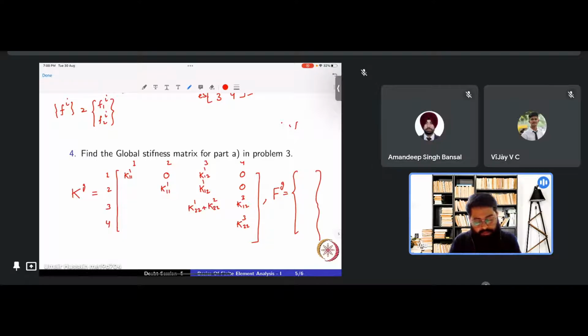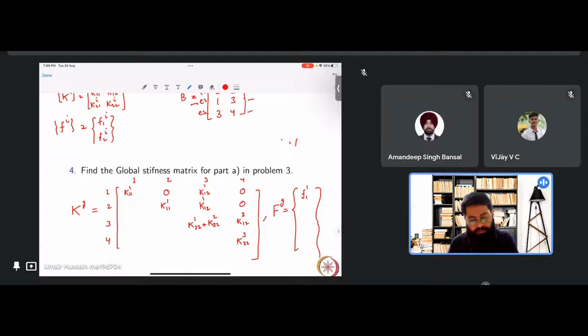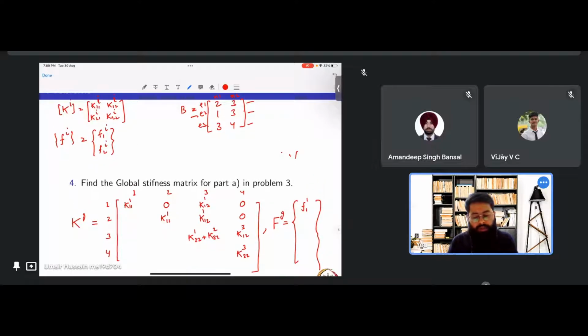In the first one we have the contribution from node 1, and that global node 1 is present in the first node of the second element. So this would be this. And global 2 is present in the first node of the first element. So we write this as F1.